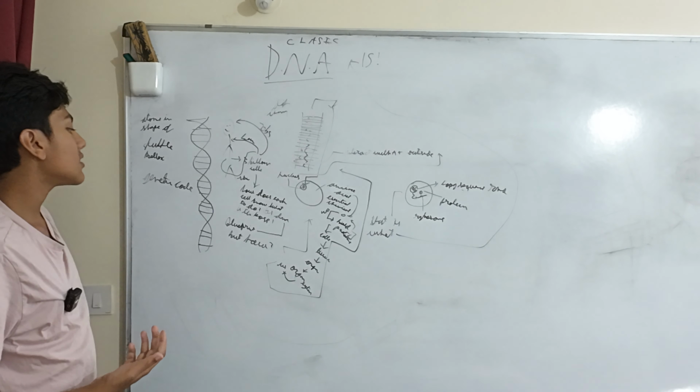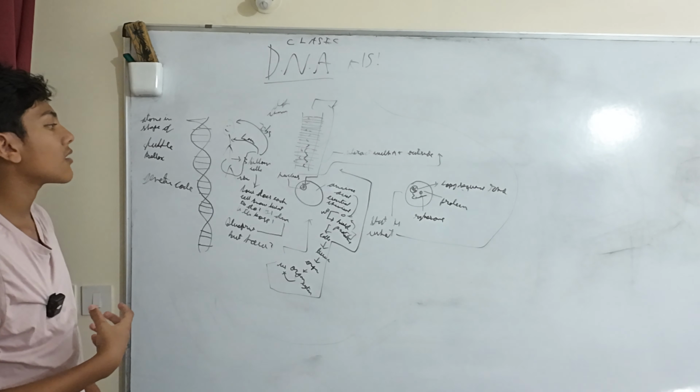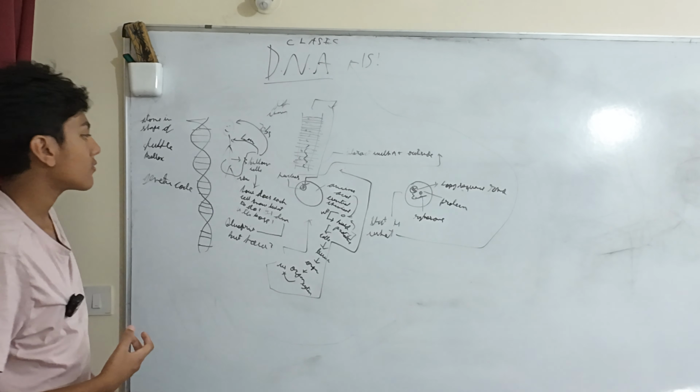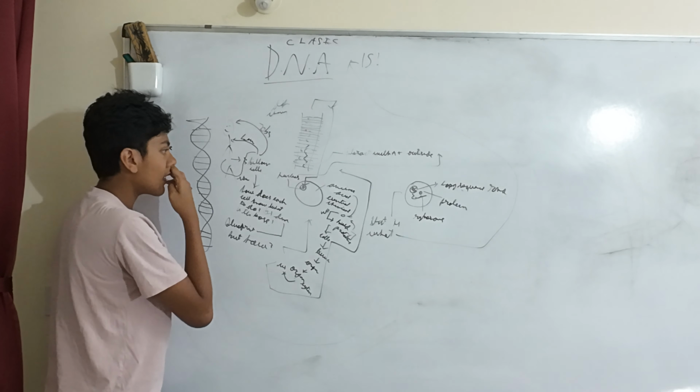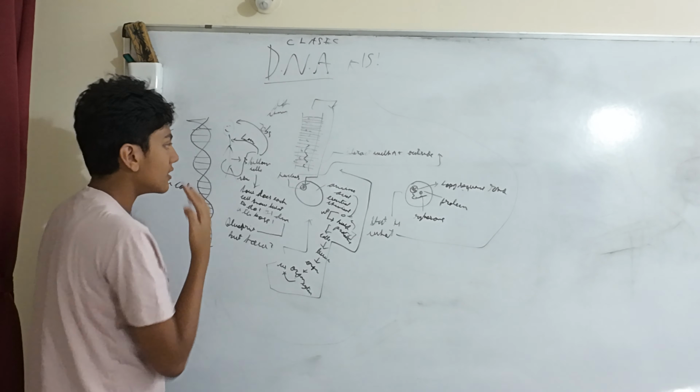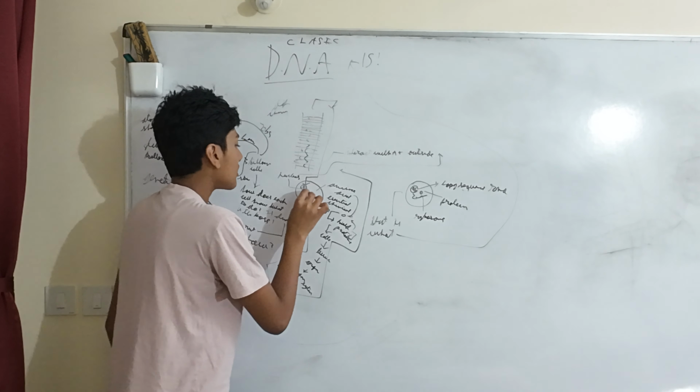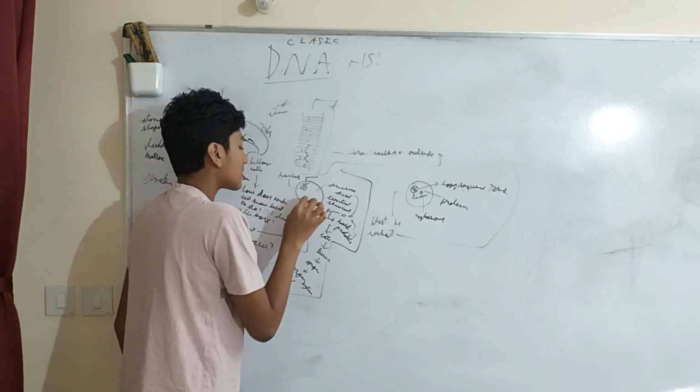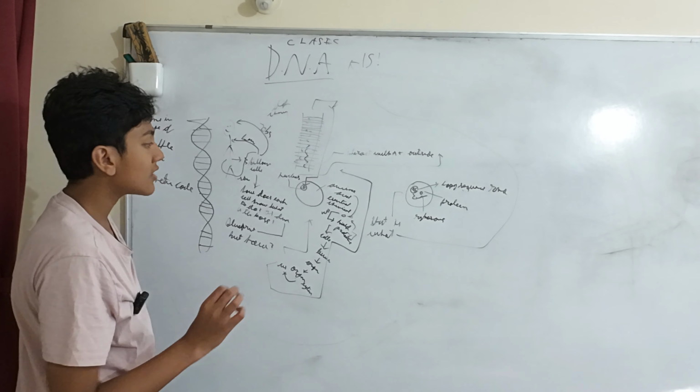But how does DNA even work? So we have to look inside the cell to where the DNA is, in the nucleus. And outside in the cytoplasm, there are amino acids, which are basically essential chemicals.